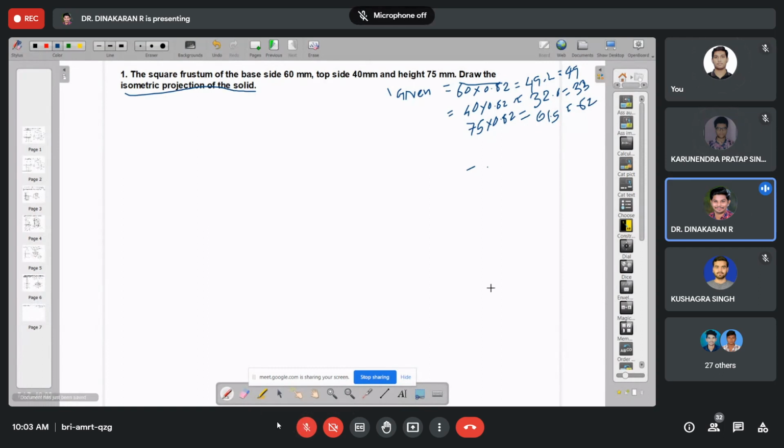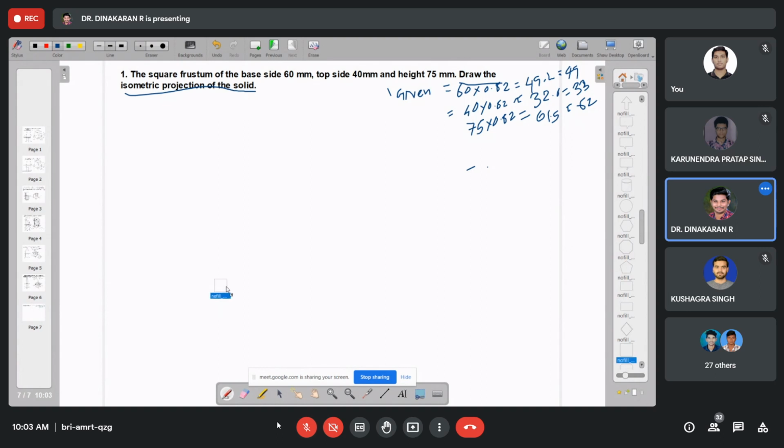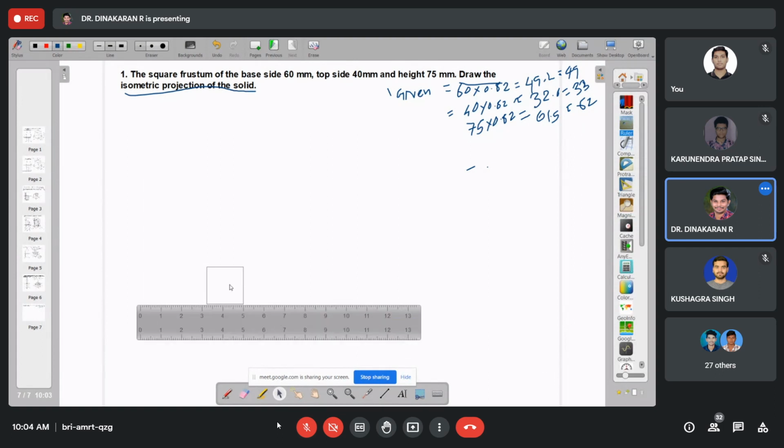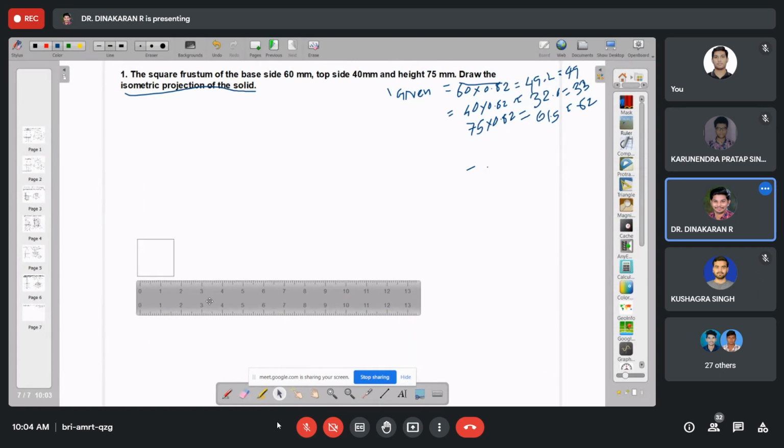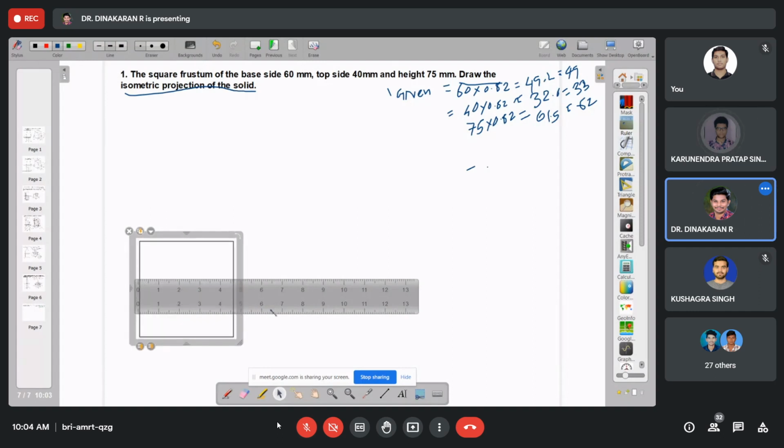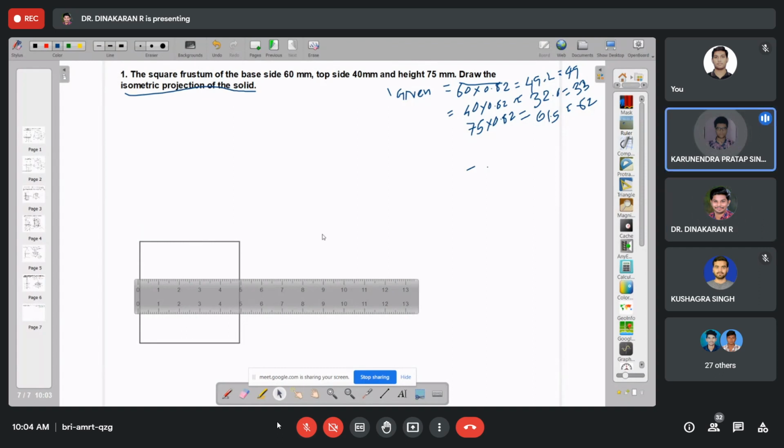First we need to make a square. How much is the bottom side of the square? Not 60, because it is isometric projection, so 49.